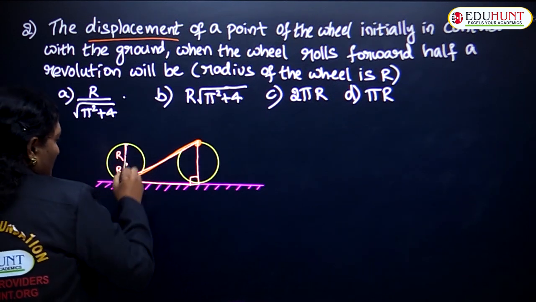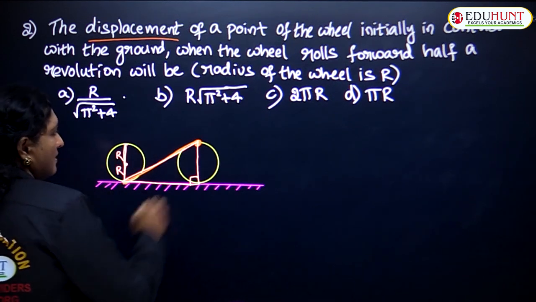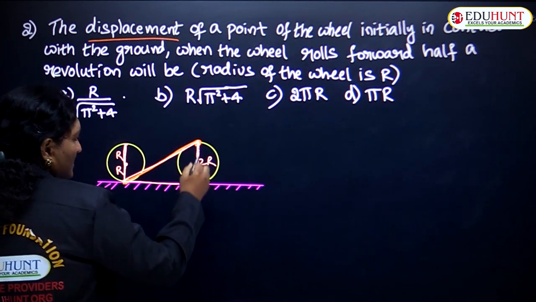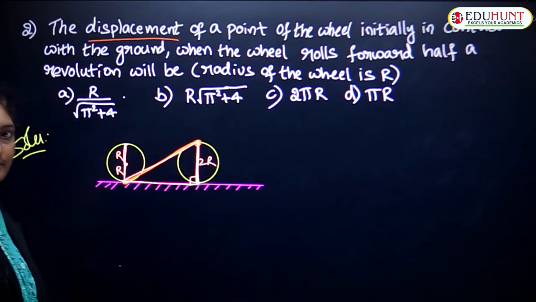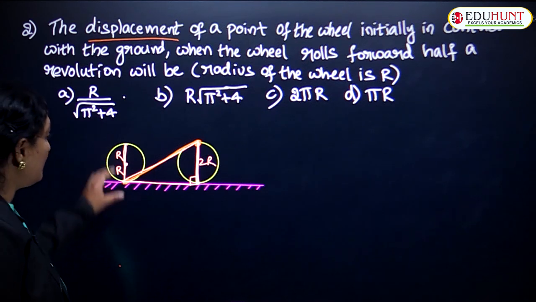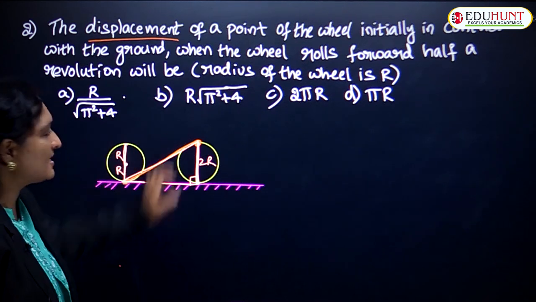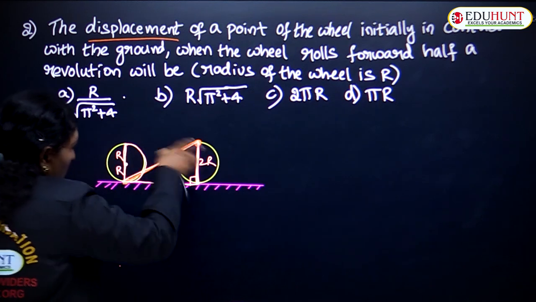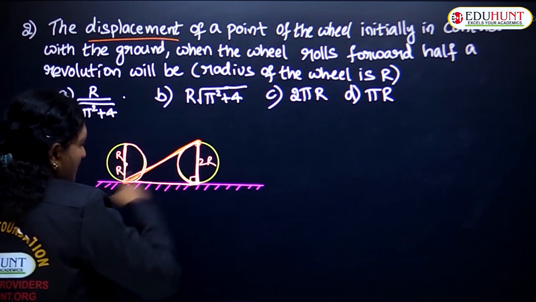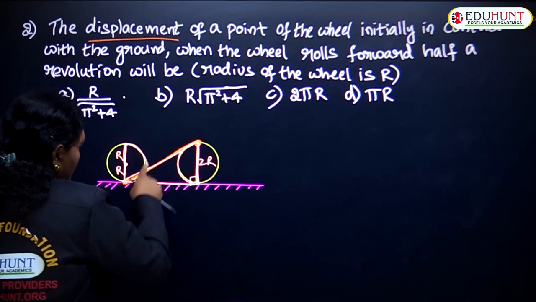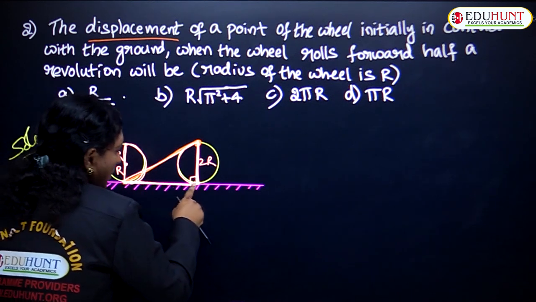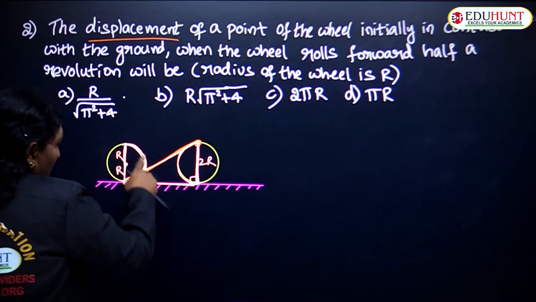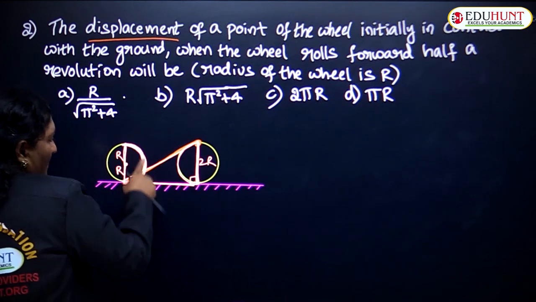So what is the diameter of the wheel? It is 2r. This length is given to be 2r. And only half the portion has been covered. So this portion after rolling has come to the other side. That means this portion has come in contact with the ground.